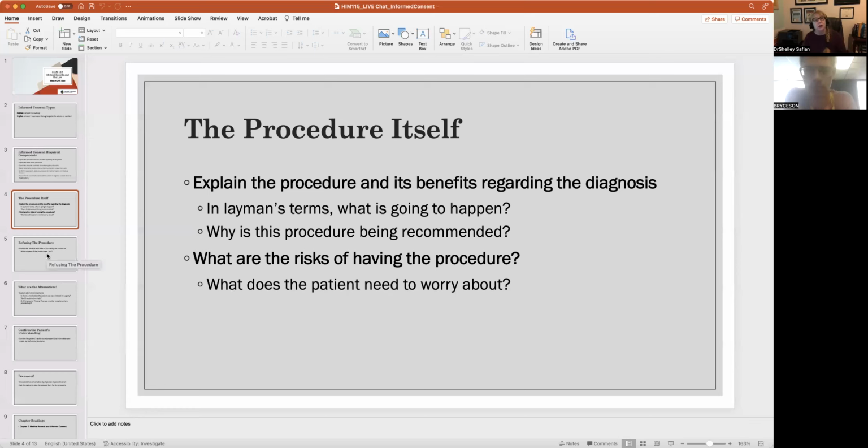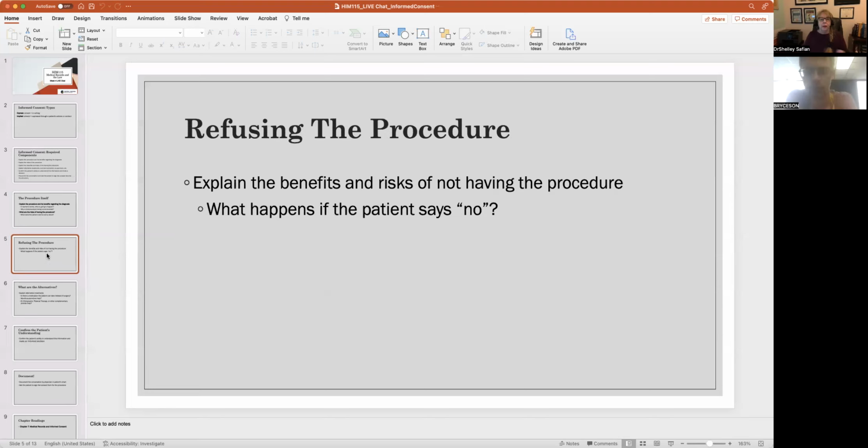Because how else can you make a valid discussion? How else can you say, oh, I forgot to tell you I'm allergic to that anesthetic, or I've been taking aspirin, which could thin my blood, which would make me bleed out faster. It's got to be a conversation. Okay. Refusing the procedure.